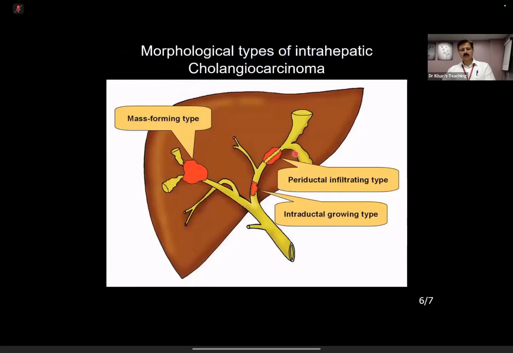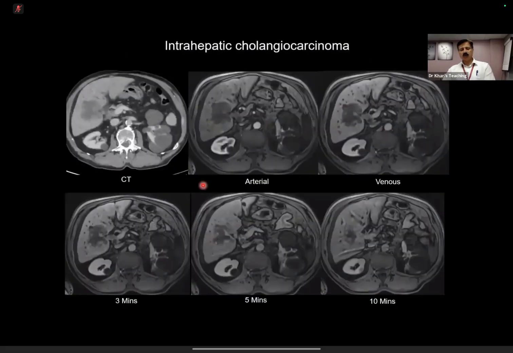What happens is, first of all, mass-forming cholangiocarcinoma, what we call intrahepatic cholangiocarcinoma, has got various patterns. And the pattern which is for 2B is this one, mass-forming. It will be just like a mass. Now, if you know your pathology, you can make your radiology here once again.